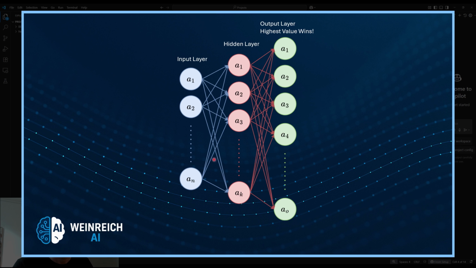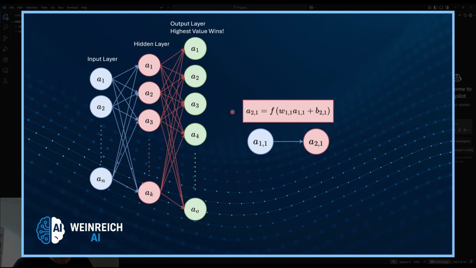So how are these activation values actually calculated? This is a very simple example where there's one neuron that goes into a neuron in a hidden layer. The way it's calculated is that you have an activation function, then you multiply a weight with the value from the previous neuron plus a bias.